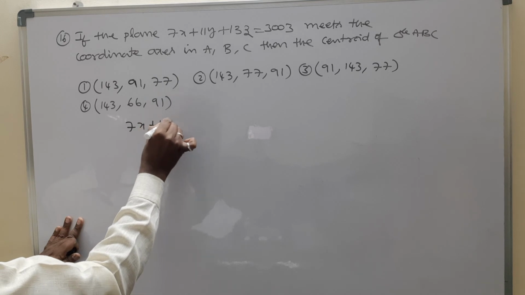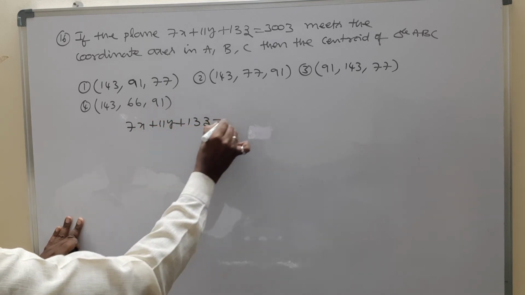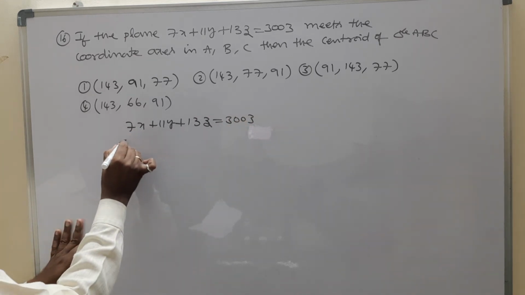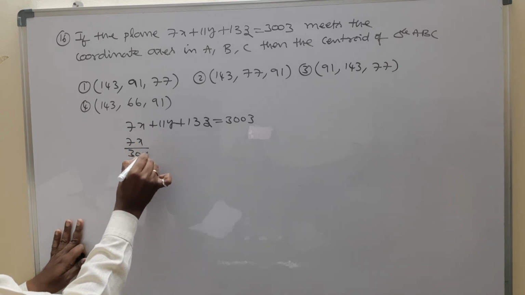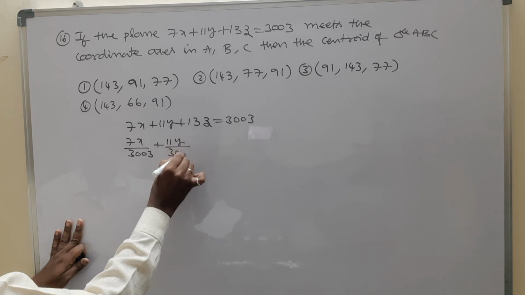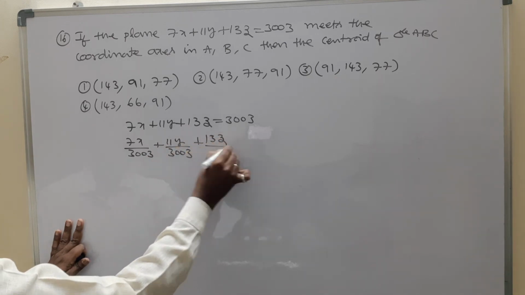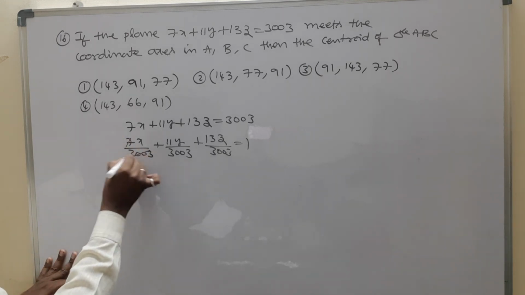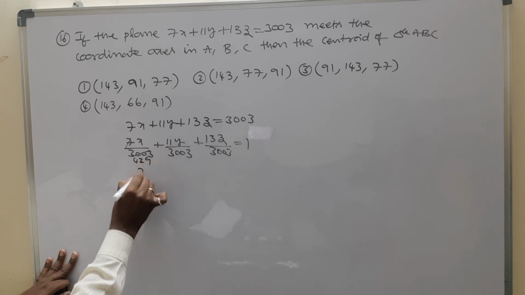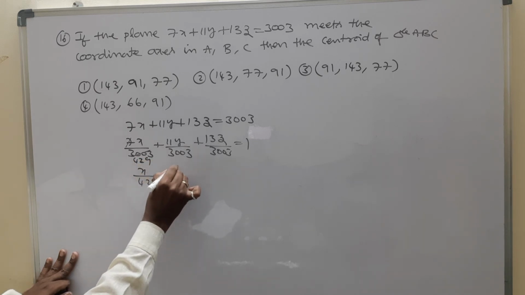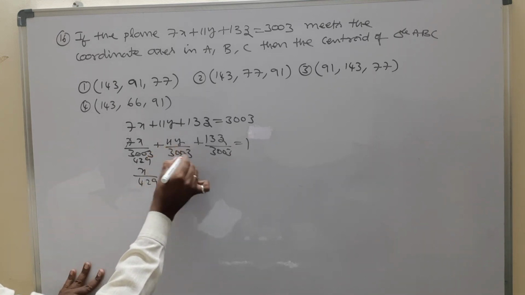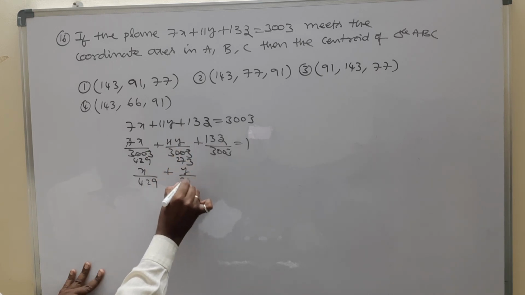First, this plane equation can be converted into intercept form: 7x/3003 + 11y/3003 + 13z/3003 = 1.